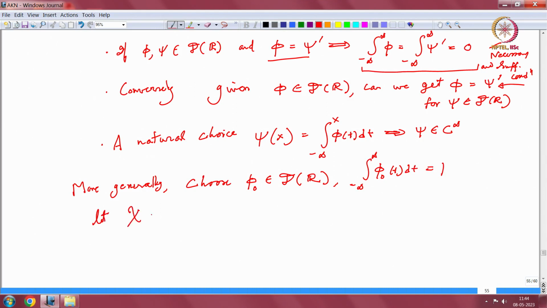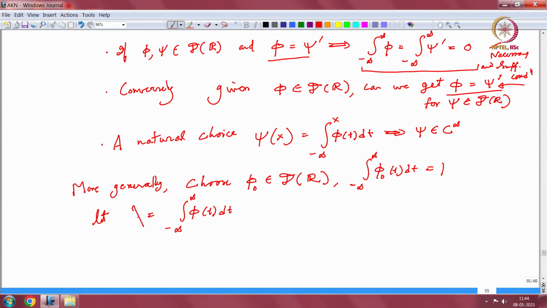Now the integral of phi may not be 0. If the integral of phi is 0, you do not have to do further, you already get the representation.